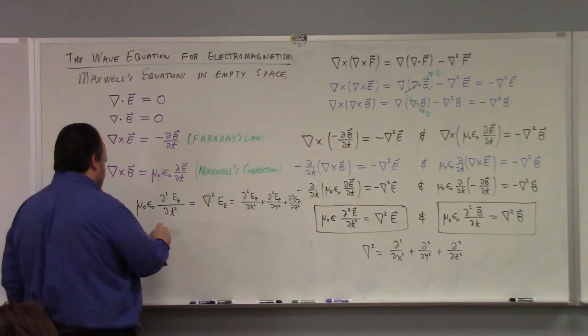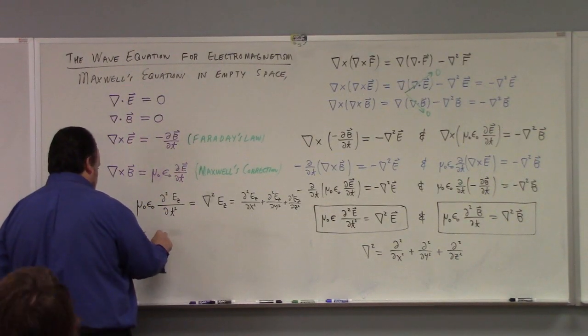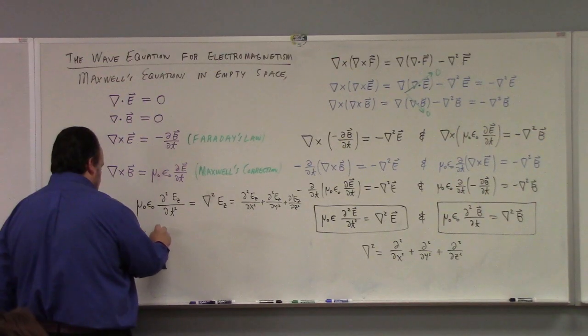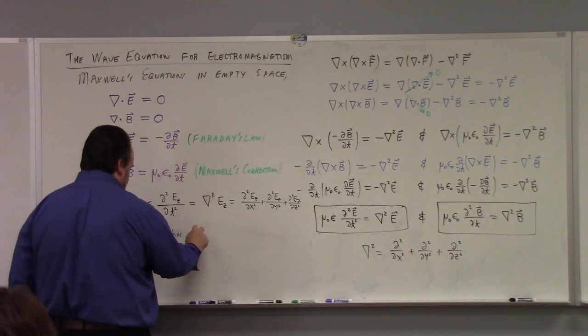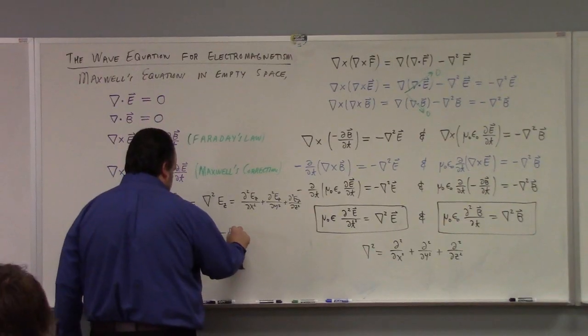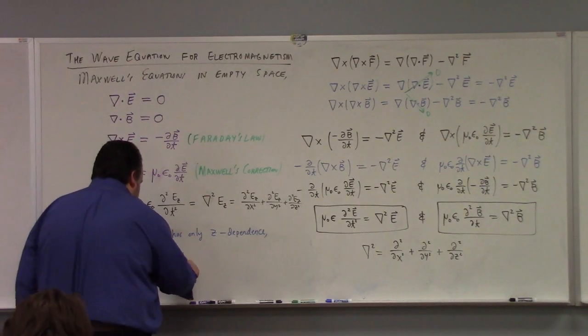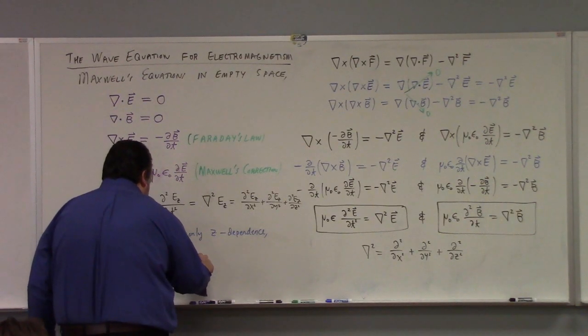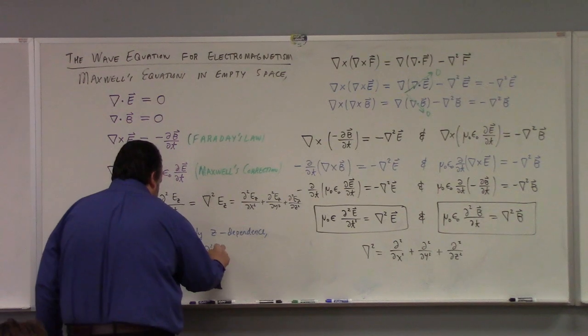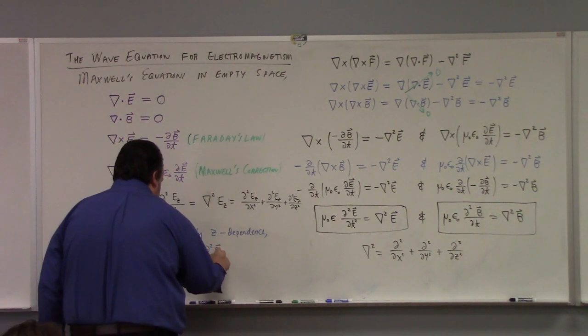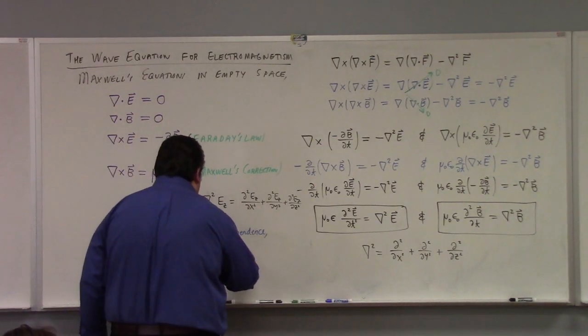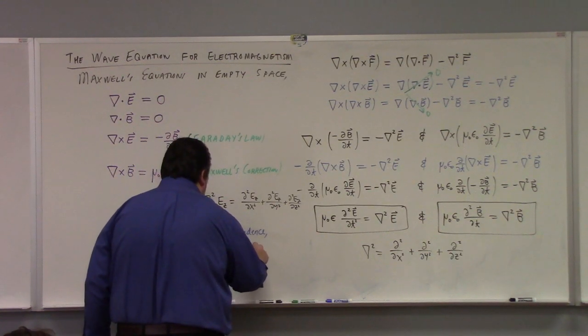In the context where E has only z dependence, just to make this a little simpler to think about, then you have mu naught epsilon naught partial squared E partial t squared equals partial squared E partial z squared, right?